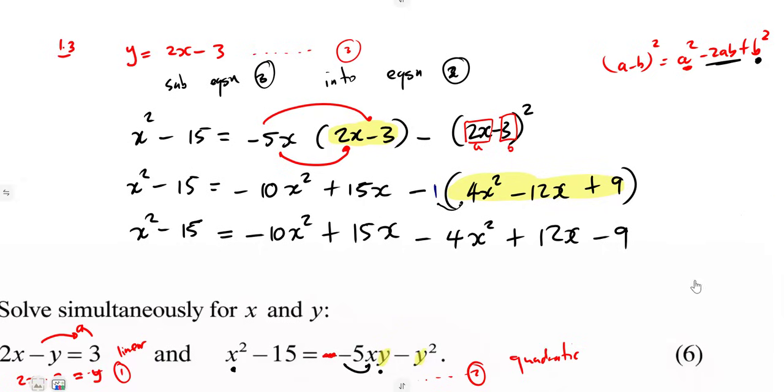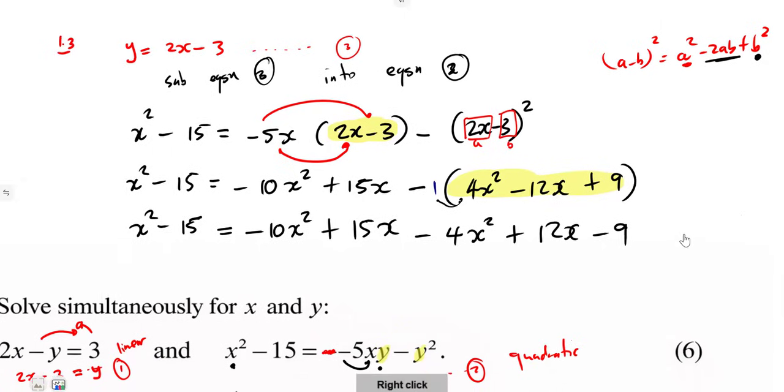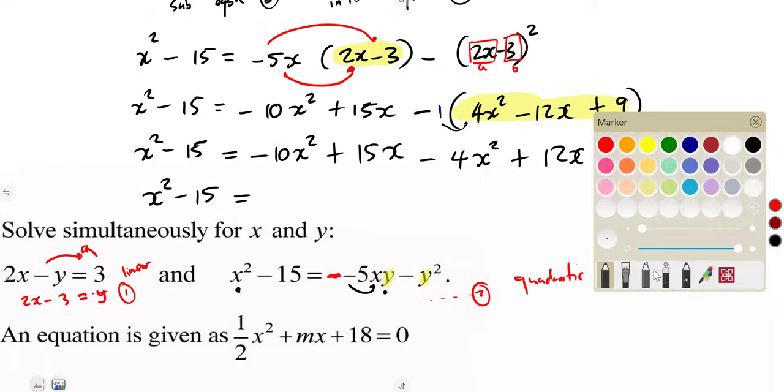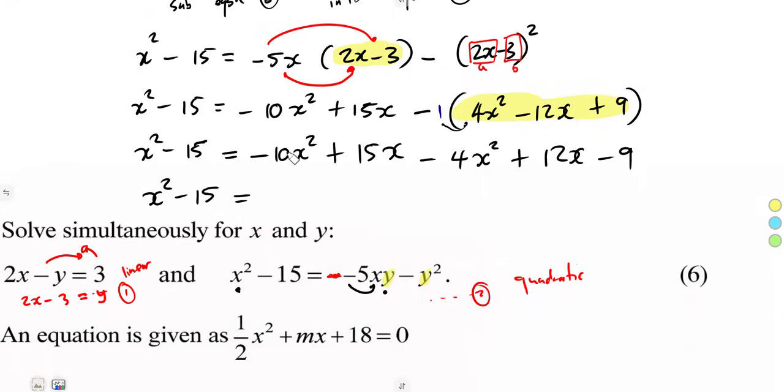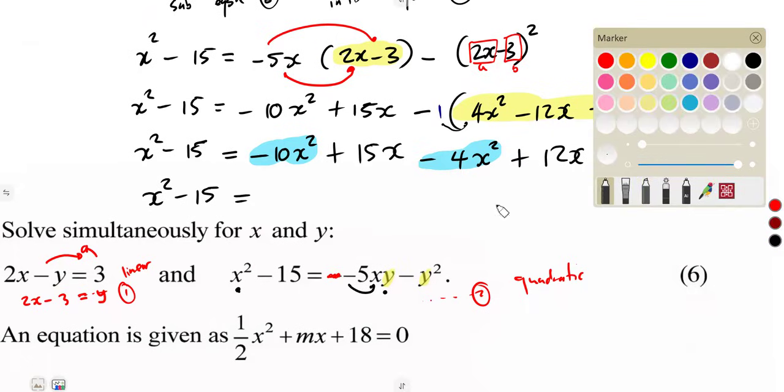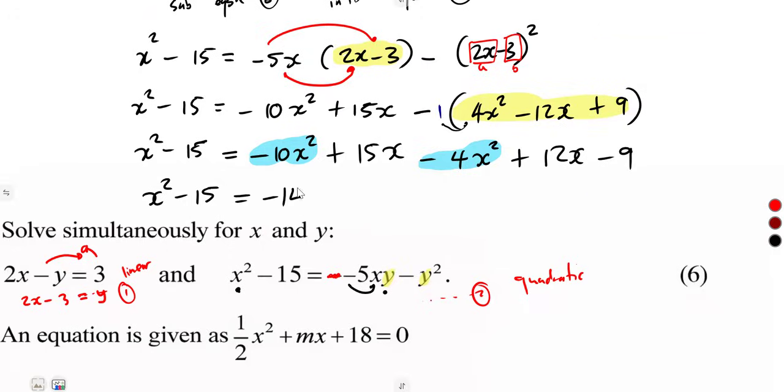So collecting our like terms on the right-hand side, we have to simplify further. Let us collect our like terms. We've got this part of x squared minus 10x squared and minus 4x squared. These are like terms. So minus 10 minus 4 is going to give us minus 14x squared.